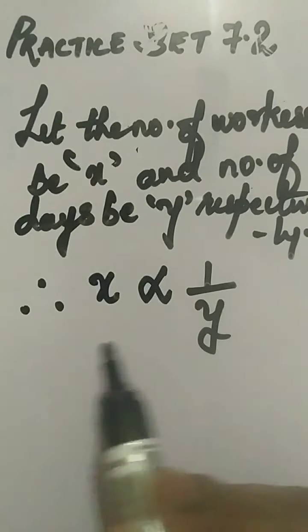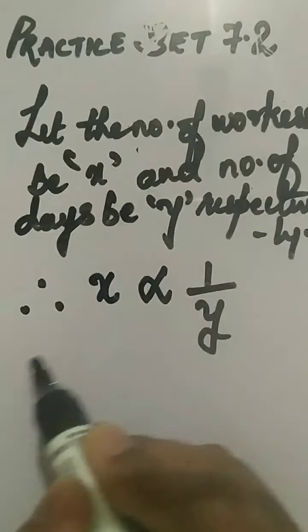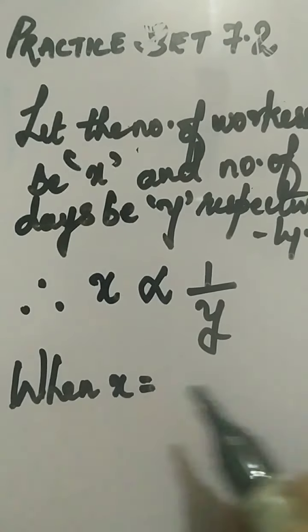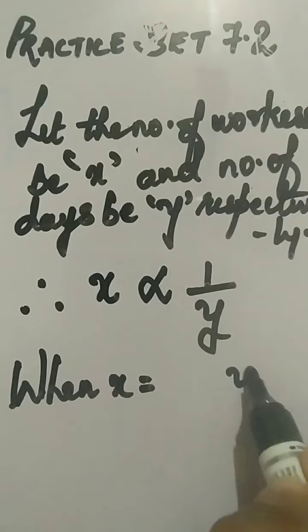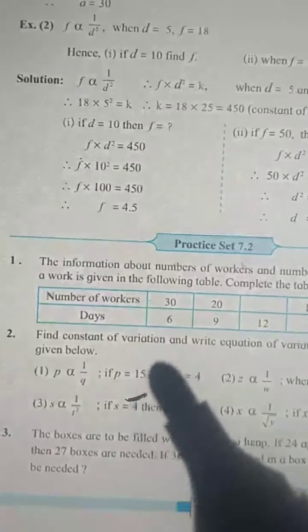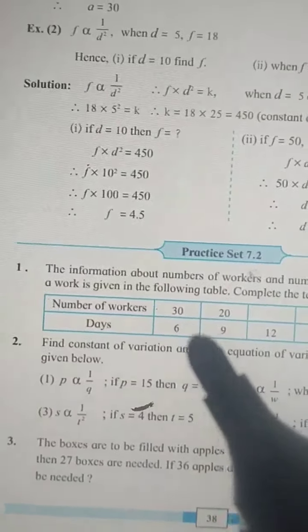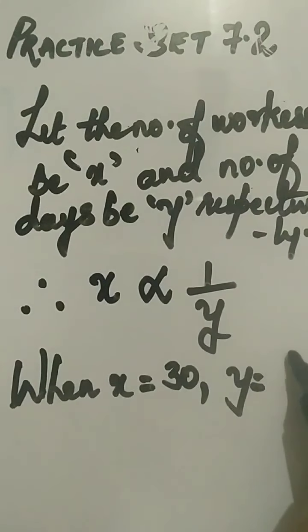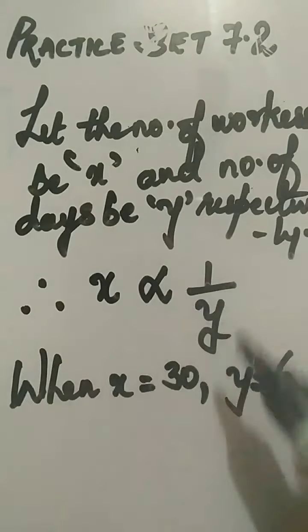Now you look into the table and write down when x is equal to, then what is y? So in this question you can see, let us consider x as 30 and y as 6. Which type of variation? Inverse.